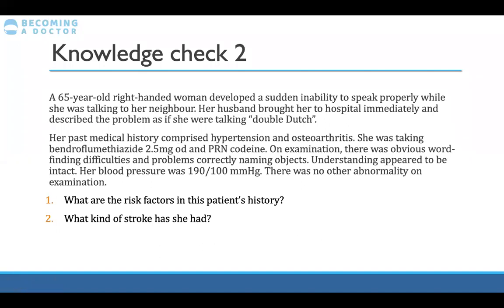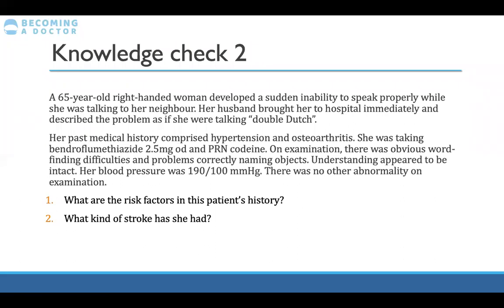If she has had an ischemic stroke, she probably has had a lacuna stroke. The only abnormality that she has in her case is the word finding difficulties. Yeah, so someone said lacunar. Perfect. So it could be a lacuna stroke, or given her hypertensive history, it's probably a hemorrhagic stroke.